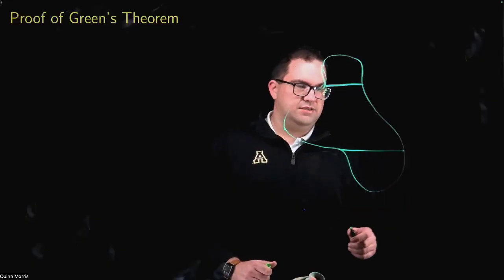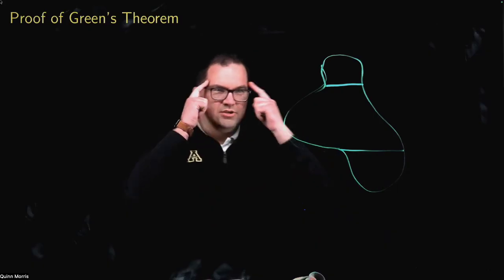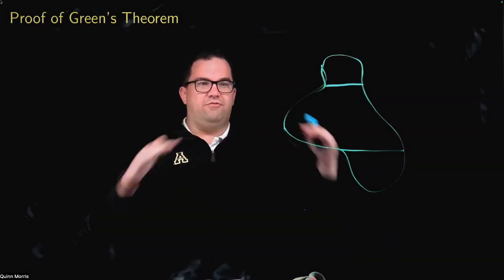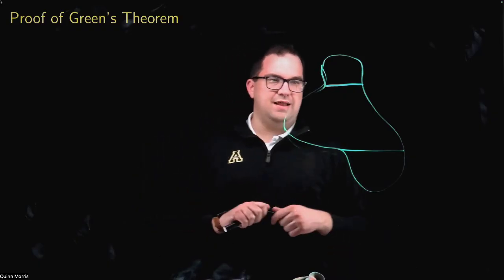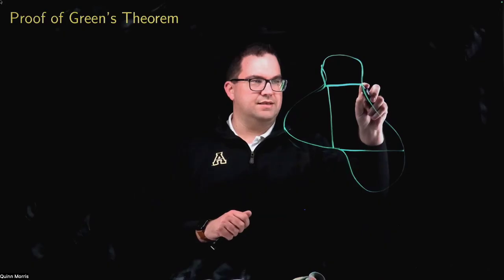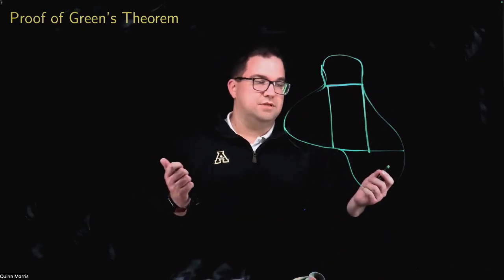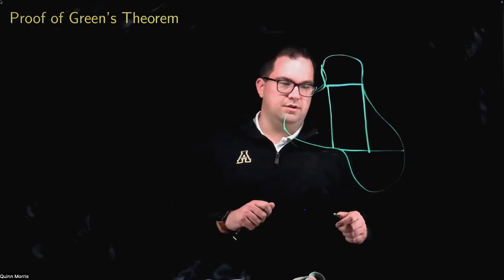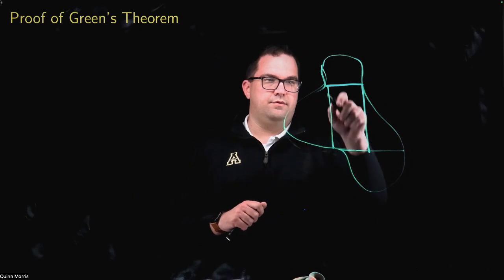So I think all of these regions are both type 1 and type 2. Now, the picture we sometimes draw in our heads is that the flat sides tell us whether it's type 1 or type 2. And if that is something you really feel strongly about, you could even subdivide this even more. That's the nice thing about a lot of these. You can just keep subdividing them until you get rectangles everywhere.